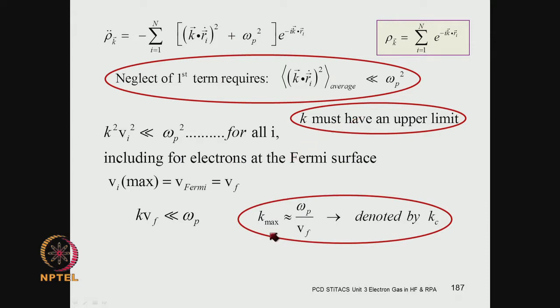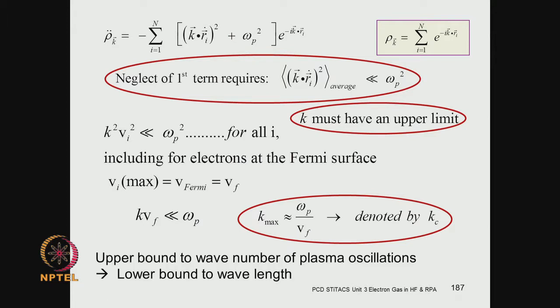So, this is the k max, which is approximately omega p over Vf, where Vf is the velocity of the individual electrons at the Fermi surface. So, this is the upper bound to the wave number of plasma oscillations. Corresponding to this upper bound to the wave number, there is a lower bound to wavelength, because the wavelength and k are just inverse of each other.